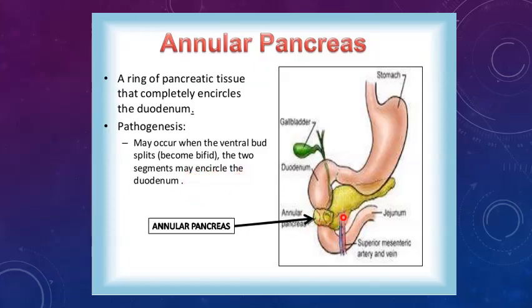So this condition is called annular pancreas. And if there is any inflammatory condition of the pancreas, then that can cause constriction of the duodenum, leading to obstruction of the duodenum. So that is the annular type of pancreas. So it can cause duodenal obstruction.